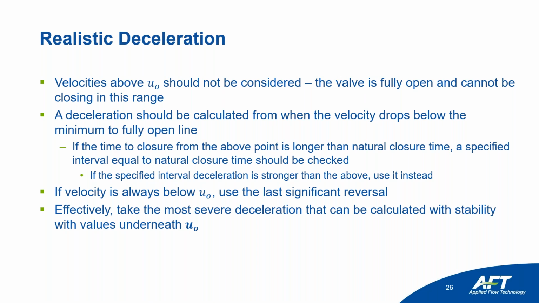So basically, if the time between the velocity slowing below the point where the check valve has started closing to the time where it's fully closed is a really long time, well, then it's probably not really closing evenly over that entire period. So you might want to look at a shorter time period right before closure, but not too short, hence this natural closure time. And then, look at both of those and use the conservative value.